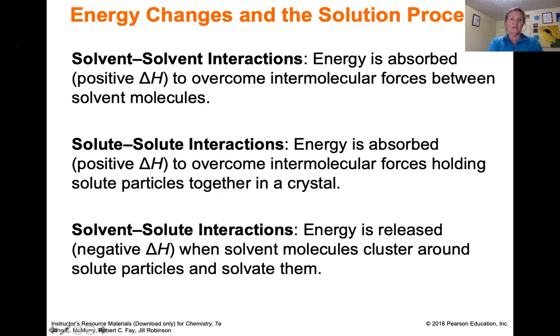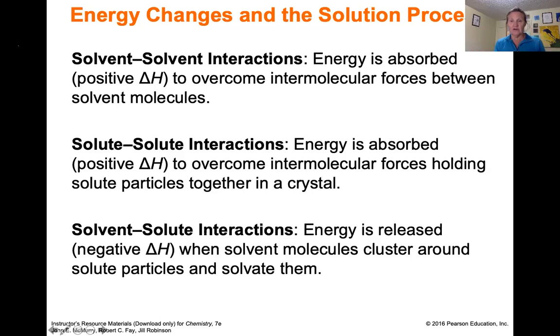And the thing that determines that are those relative interactions. So it takes energy to break bonds or intermolecular forces, and you get energy back when they're formed. So you have to break the solvent-solvent interactions. So if it was water, you have to break hydrogen bonds. Then you have to break solute-solute interactions. So the example I used was sodium chloride.